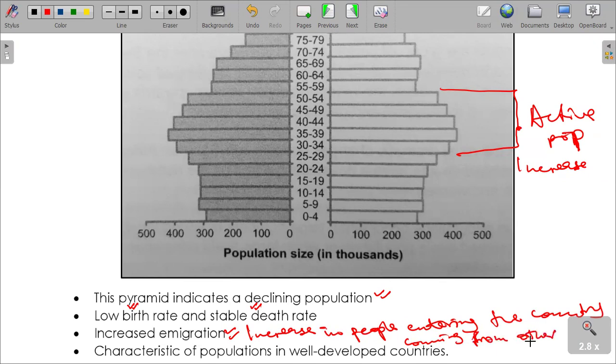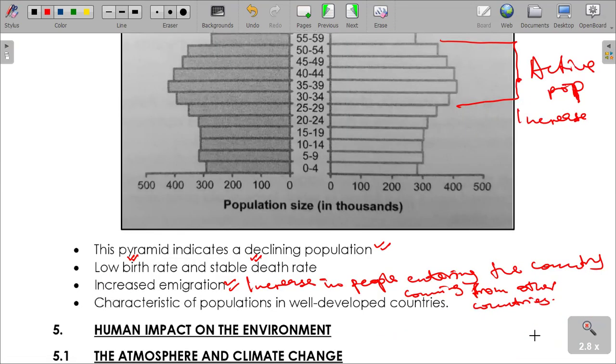Those are immigrants. As people come into the country from other countries, there is an increase in population, because they are the ones who would sustain the active population, which is supposed to be industrious, working in various industries or economic sectors of the country.